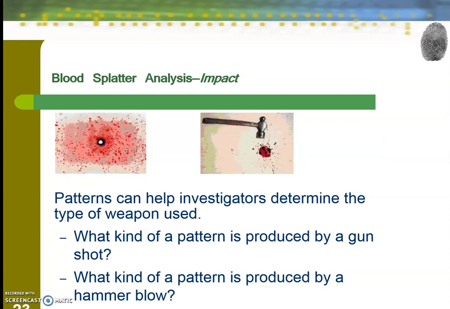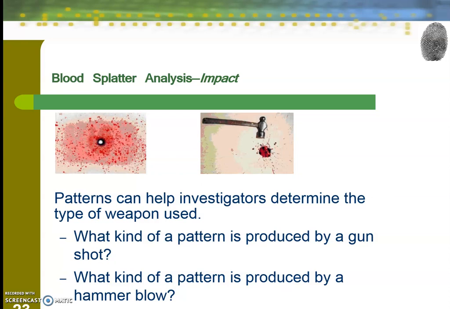Patterns can help investigators determine the type of weapon that's used. So if you look at the image on the left, that is the kind of spatter pattern that you would see produced by a gunshot. You can see it's splattered all over in very, very small pieces because of the high velocity. The speed at which a bullet would hit a human being or an animal would be much greater than a hammer blow.